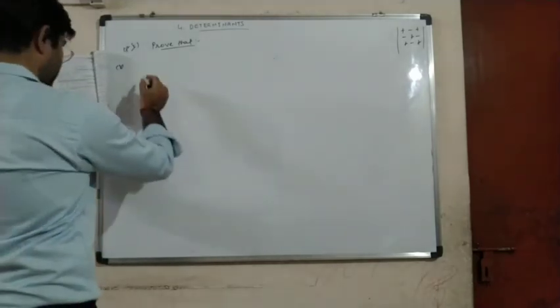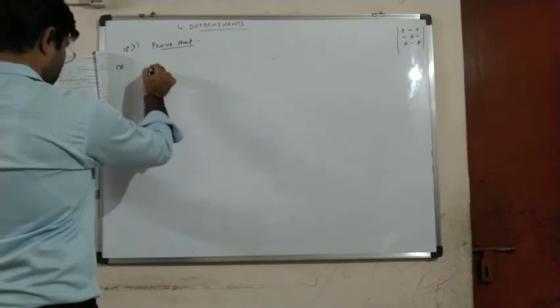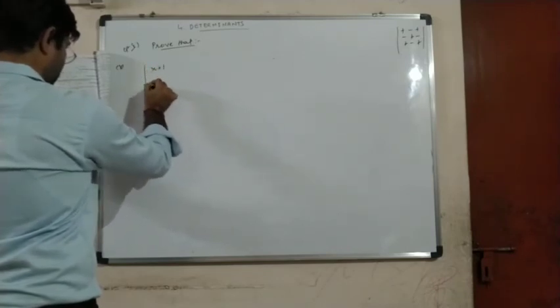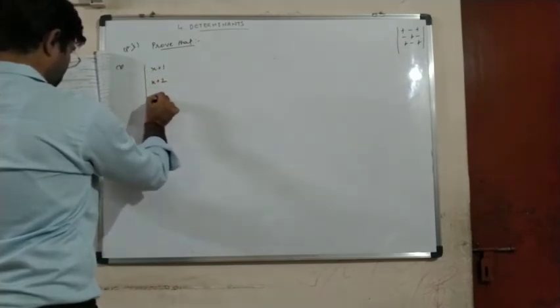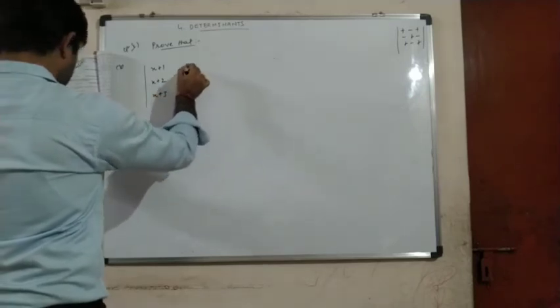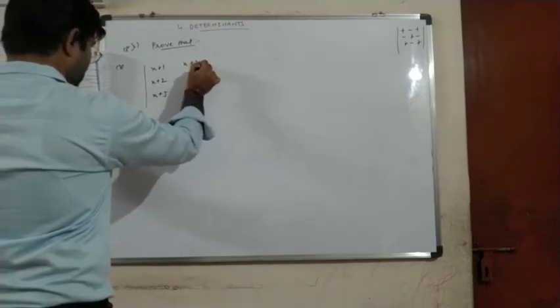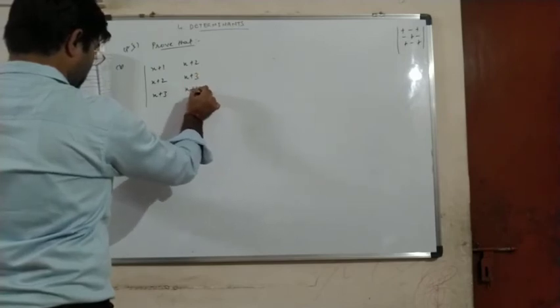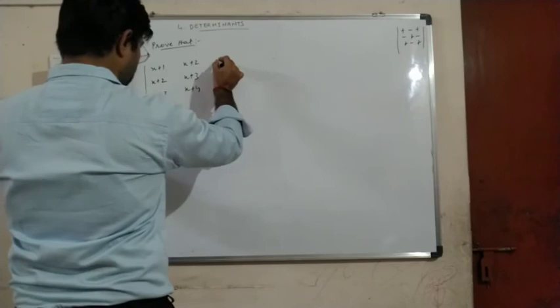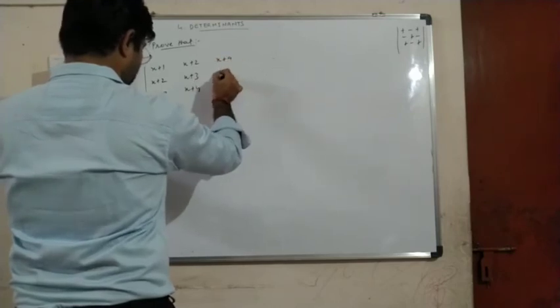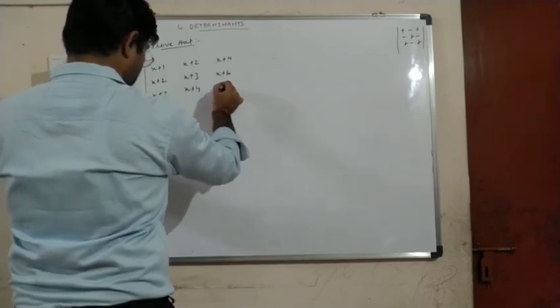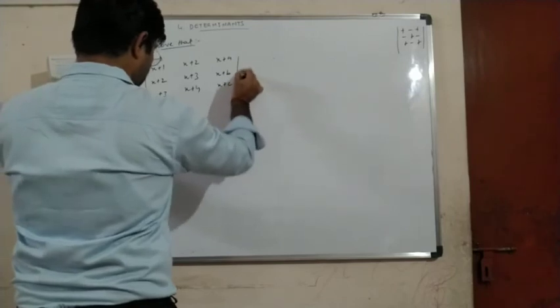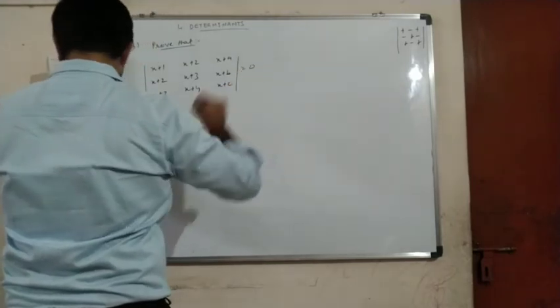You are given the determinant x plus 1, x plus 2, x plus 3; x plus 2, x plus 3, x plus 4; and x plus a, x plus b, x plus c, is equal to 0.